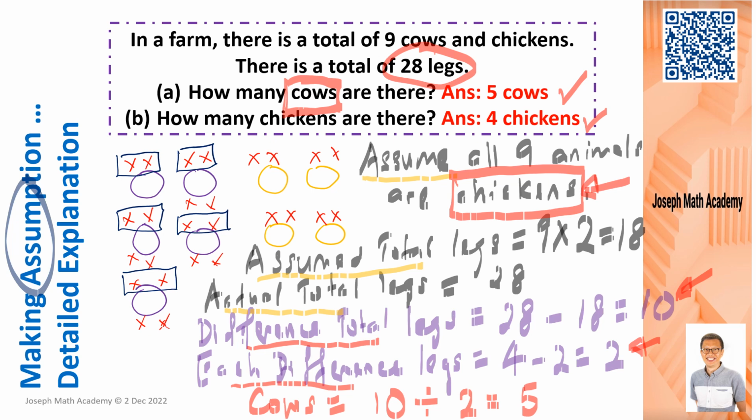That means when we do our division, that will be our answer immediately. So when we make an assumption, our first statement has to be the opposite of what we are supposed to find.